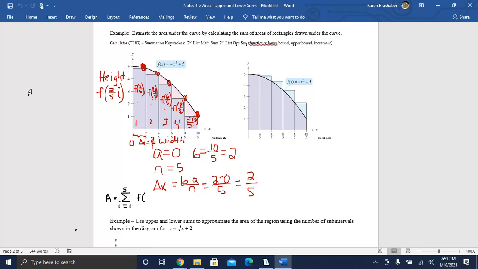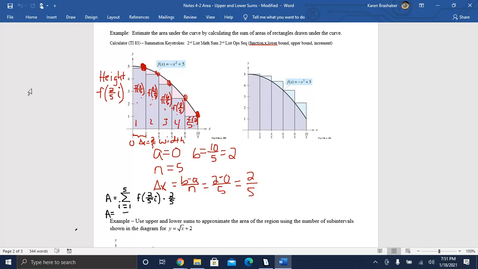So f of 2/5 I, times my width, 2/5. So I have my height, which is length, times my width, 2/5. And so now I can calculate this area.